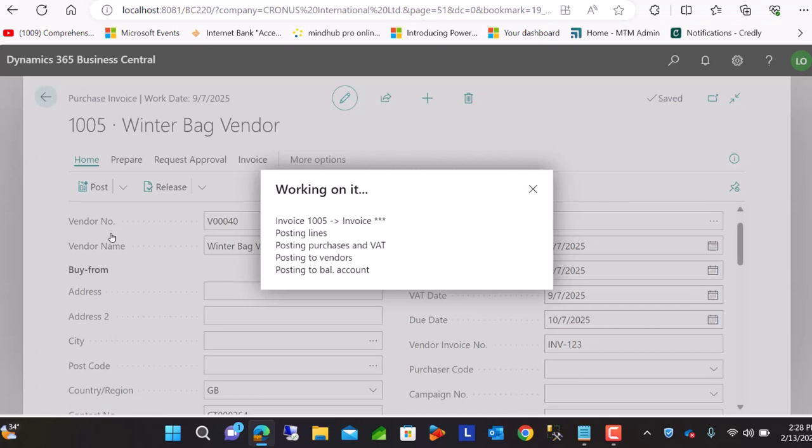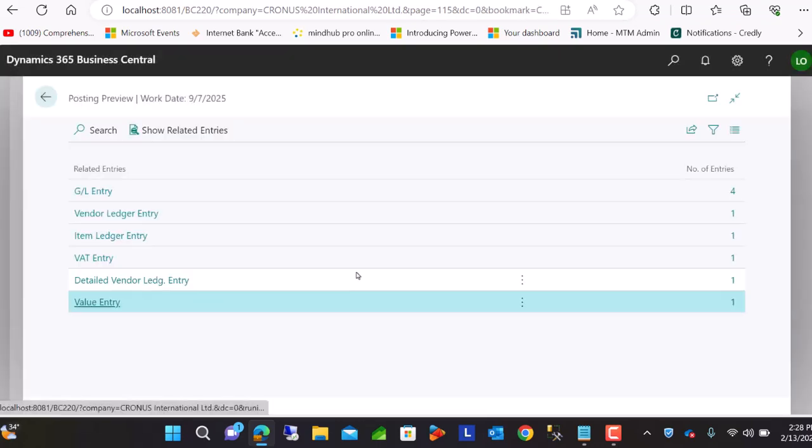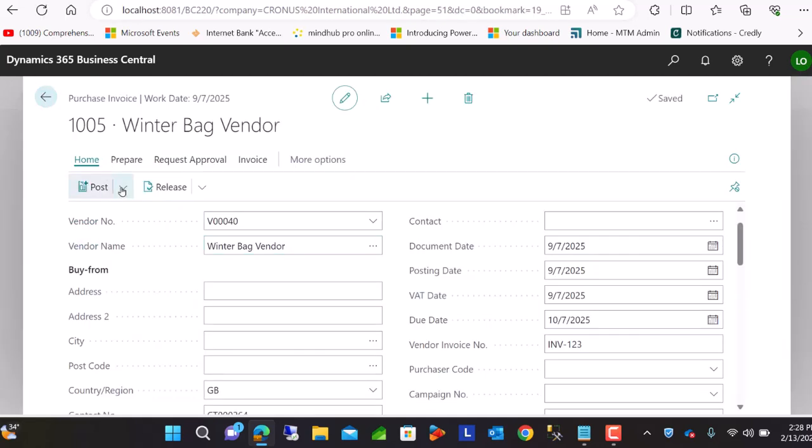The process is being done and the working on it is showing. So let's wait for the pop-up. So the item has been posted and we have the ledger entry, so let's post the invoice.